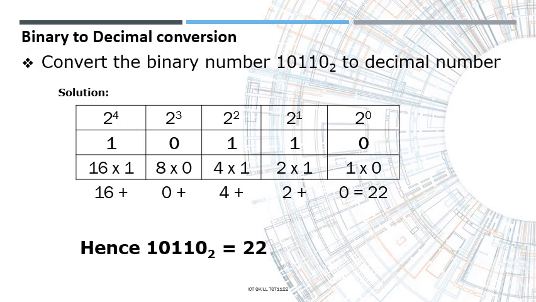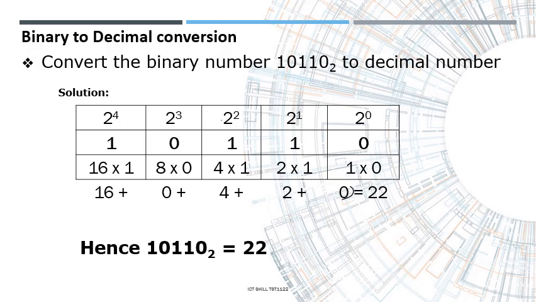If you look here, you just start with 2 raised to 0, 2 raised to 1, 2, 3, and 4. You just insert each digit of 10110 for each of the columns, and then calculate. 1 times 0 is 0.